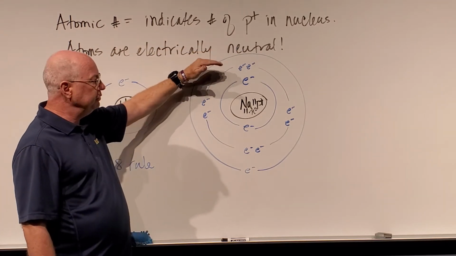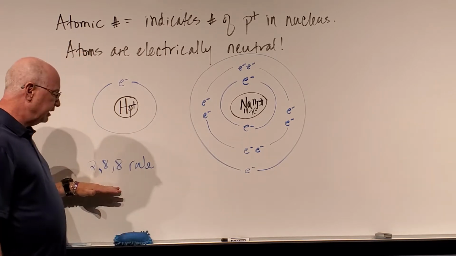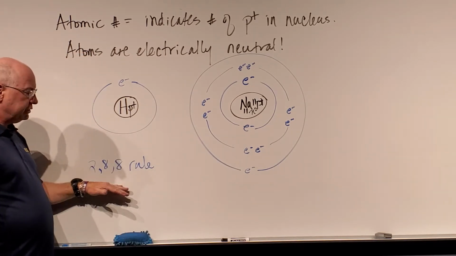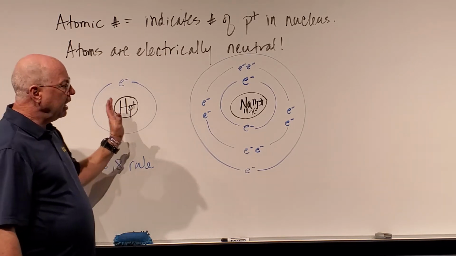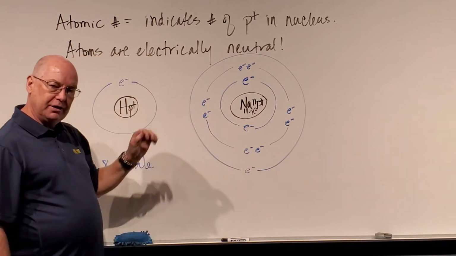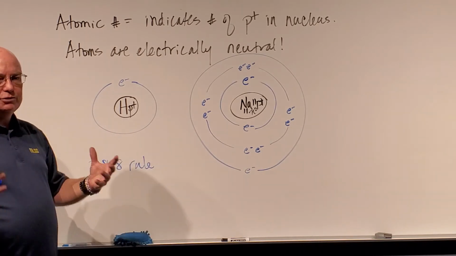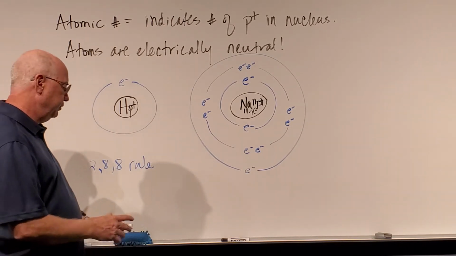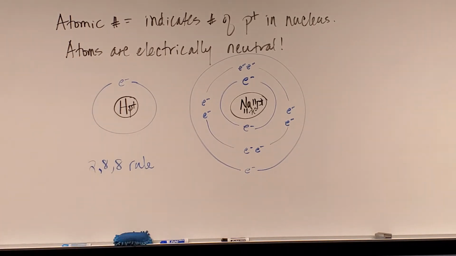If it's electrically neutral, then I know how many electrons there are. If I understand the 2-8-8 rule, for at least the first 18 atoms, from 1 through 18, I can figure out what the electron diagram would look like. Beyond that, it gets a little bit different on how the orbitals are formed and shaped, and we're not going to get into that chemistry. Okay? So this is kind of a simple idea, all right?